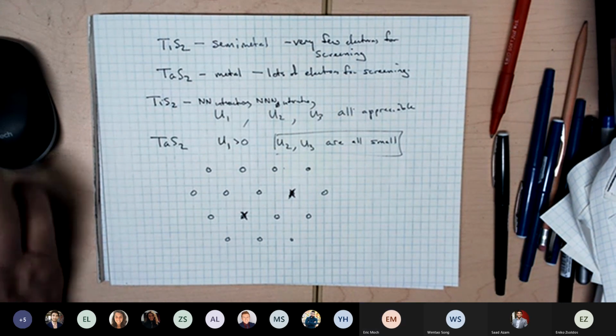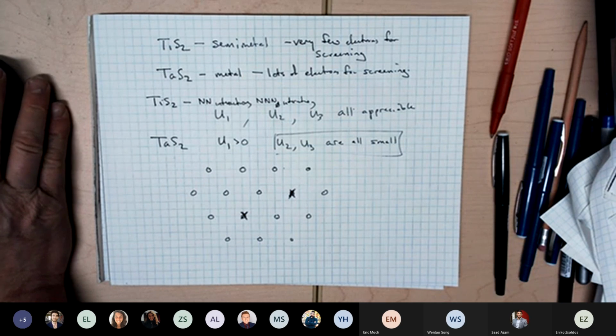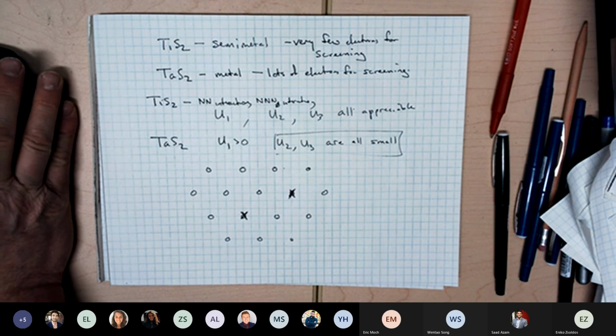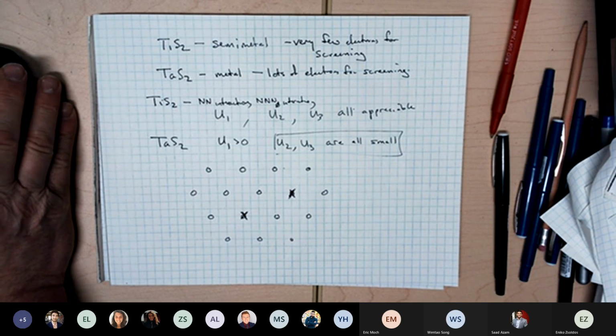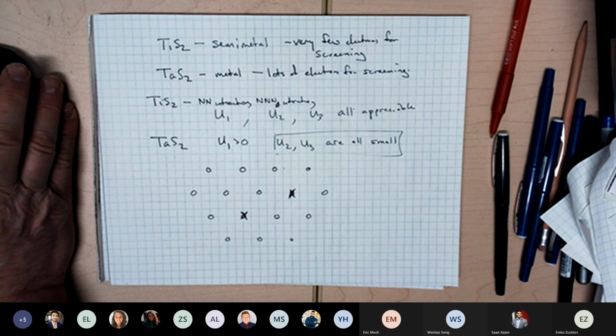But I'm surprised Devia hasn't asked a question here about, you know, these are layered systems, and the lithium goes in, it should sort of prop open the layers. So why don't you have a strain-mediated attractive interaction in these things?